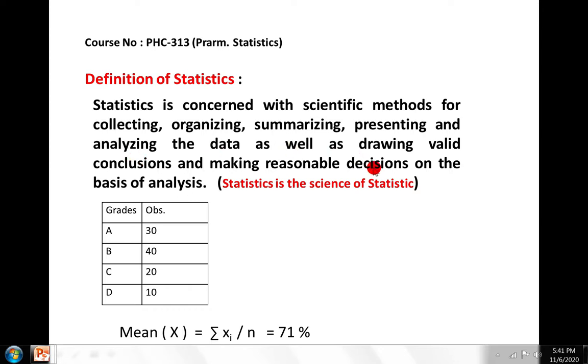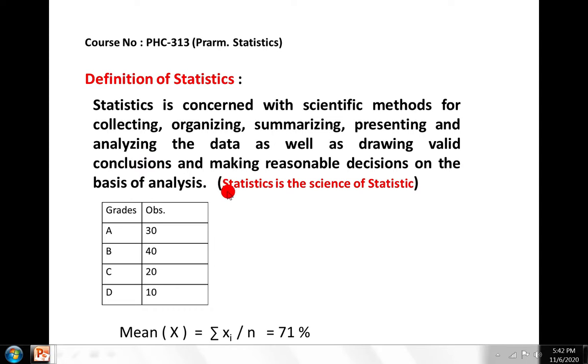Conclusion and decision are approximately the same, not the same, approximately the same. A conclusion represents the result in a statement. The statement may depend on the rules and regulations, but if you write only the statement, it is called a conclusion, and then taking the decision is called the decision. Reasonable decision means according to the rules and regulations, on the basis of analysis.